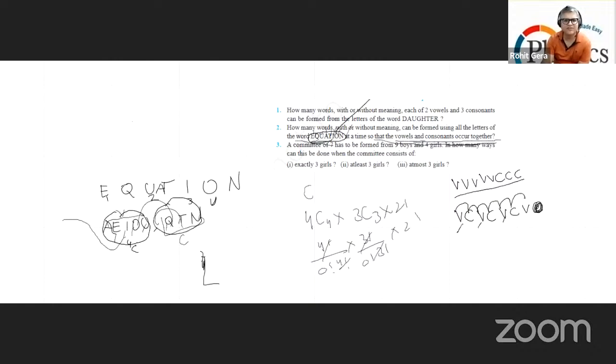So there are 3 vowels, right? And how many consonants? 1, 2, 3, 4 and 5. This will not be called together. The language is not clear here. Okay, we will discuss it later.